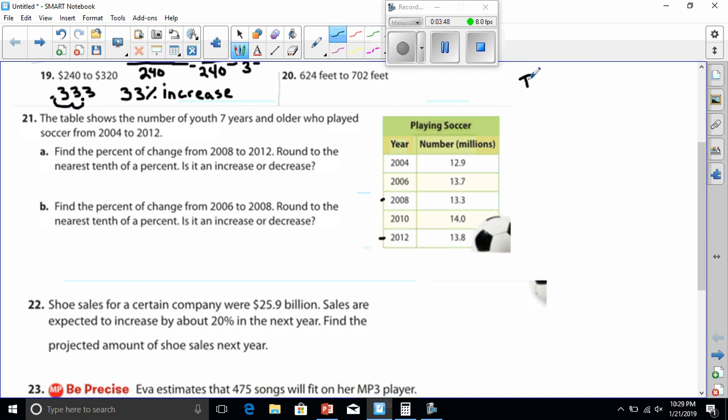Once again, we got the big number minus the small number, going to be divided by the original number. All right, so from 2008 and 2012, the biggest number is 13.8. And we're going to subtract 13.3. We're going to divide it by the original number, which is 2008 came before 2012, so 13.3.